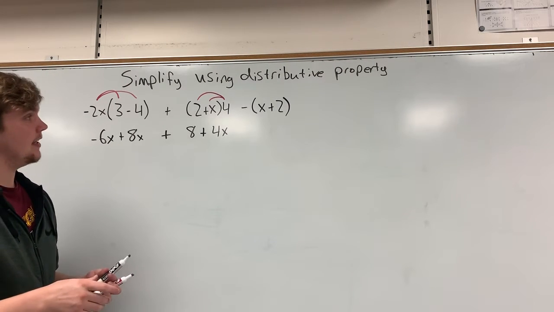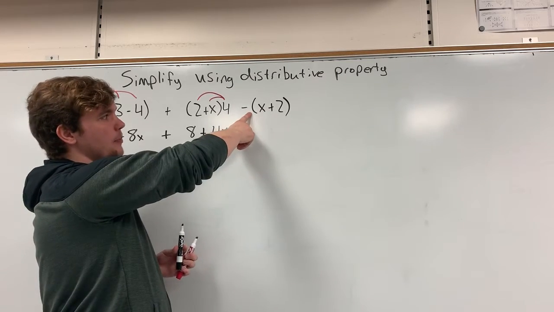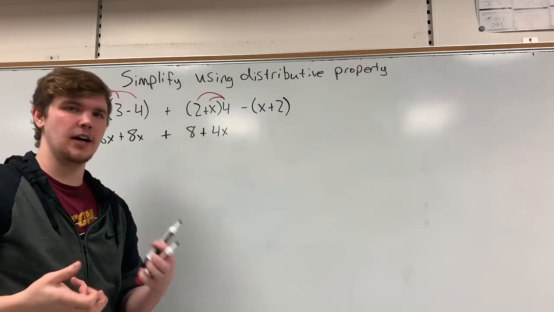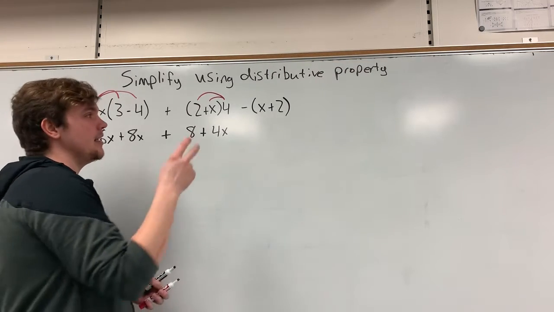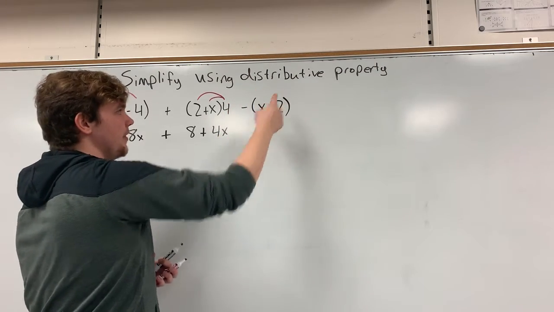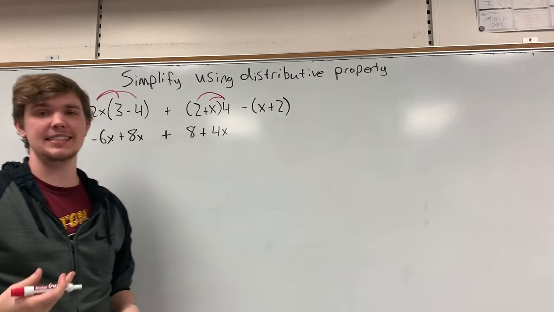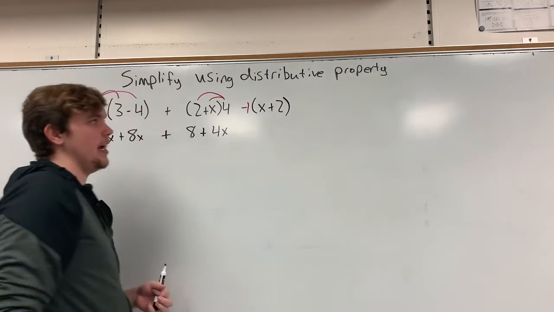And then the last thing we're going to have to distribute here is, there's not really a number in front of the parenthesis, but there is that negative symbol, and negative symbols are kind of destructive. They mess everything up. So I'm going to distribute this negative through to everything as well. If you want to, you can think of that negative as a negative 1. If that helps you think, that's totally fine. So I'll write a negative 1 there.